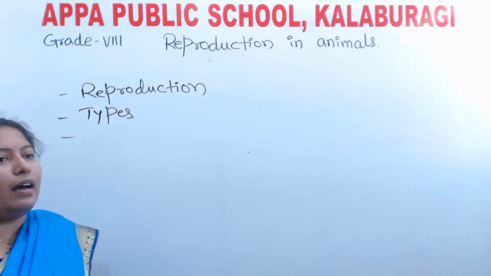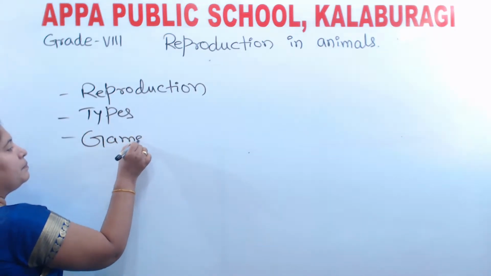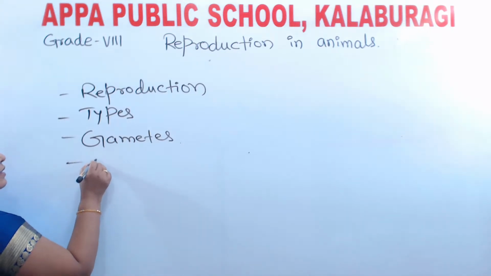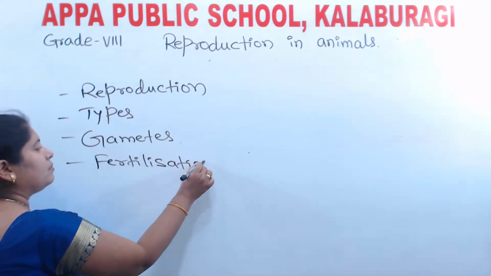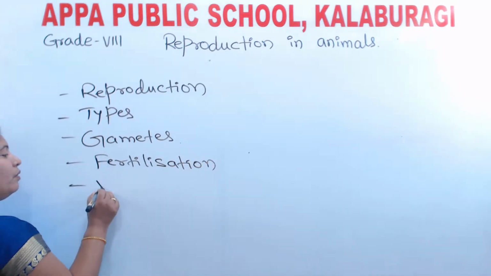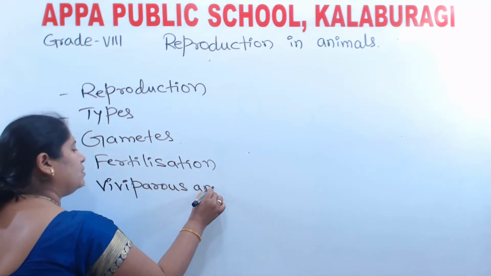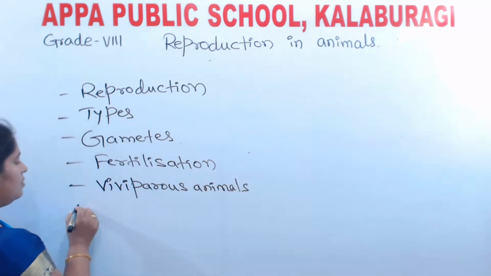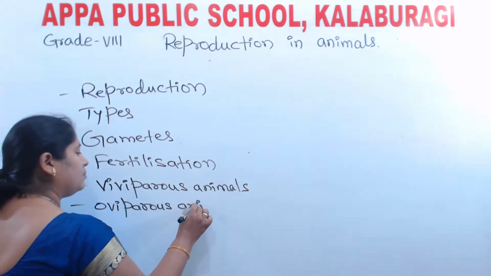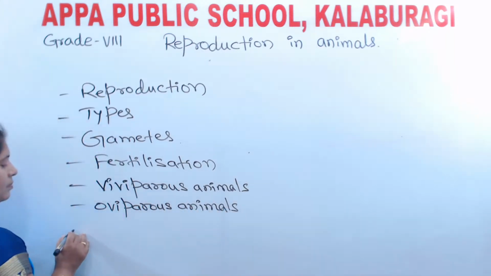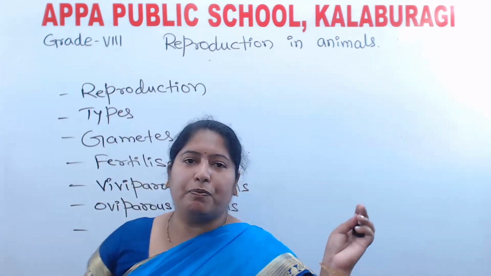Then after those two types we have studied the gametes, then fertilization, then viviparous and oviparous animals. So we'll have a glance at all these things in a few minutes, then we'll go for today's class.